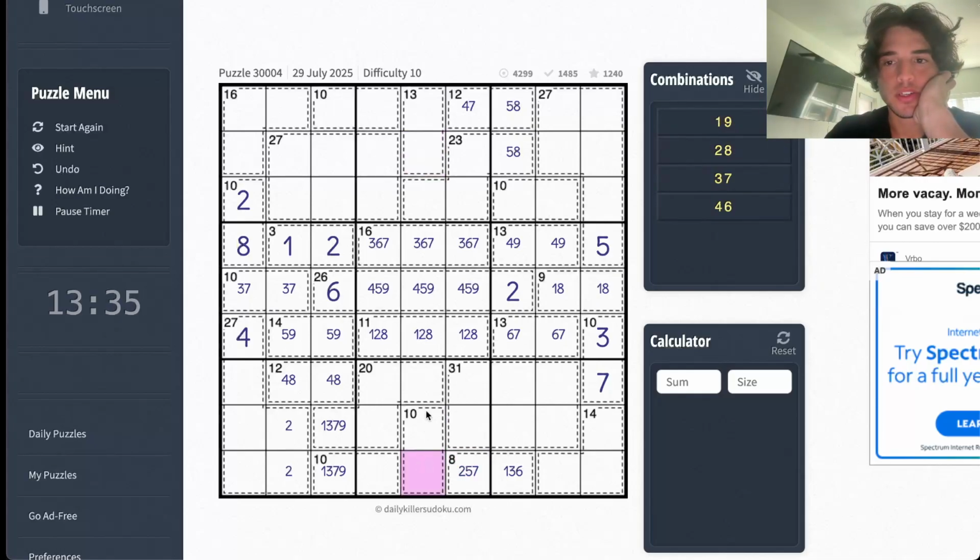Could this be 4, 9? The 5 isn't restrictive. Could this be 6, 7, and 3? 3, 6, 7. It totally could be 2, 8, and or 5, 8. No, 6, 7, 4, 9. 6, 7, 3, 4, 9, and 5.